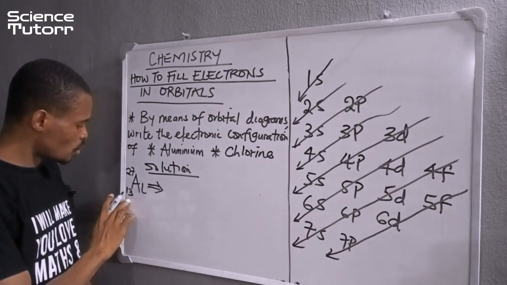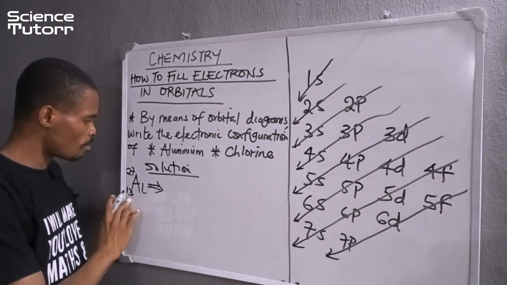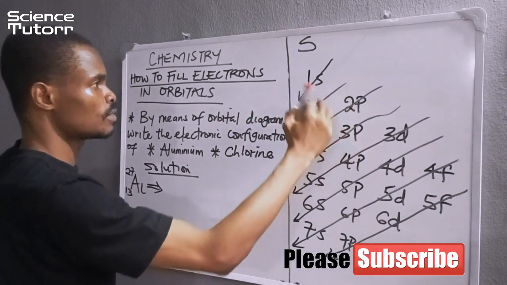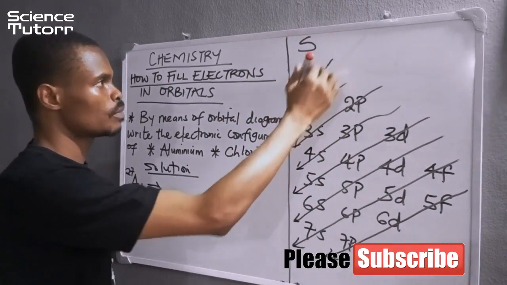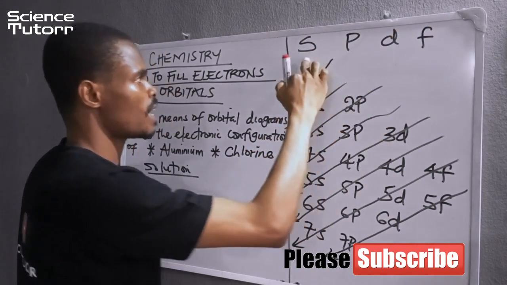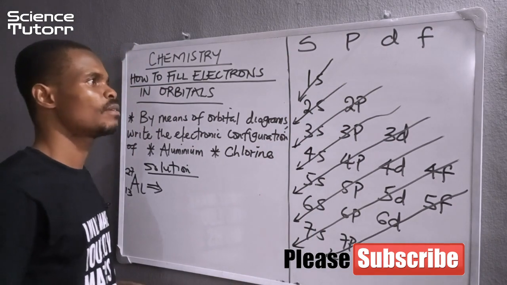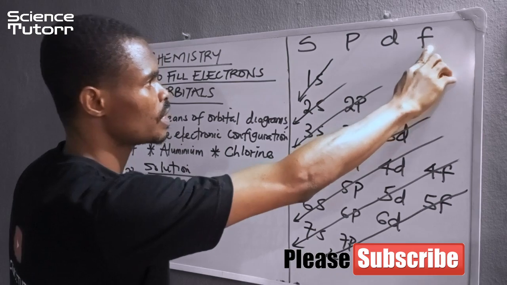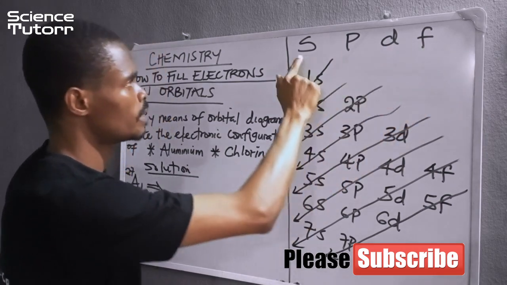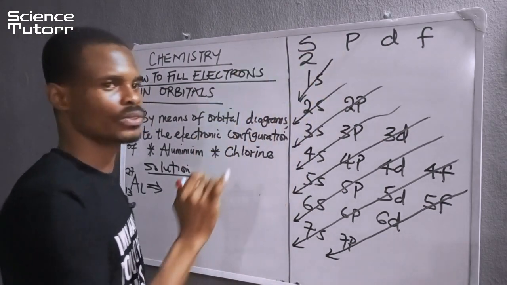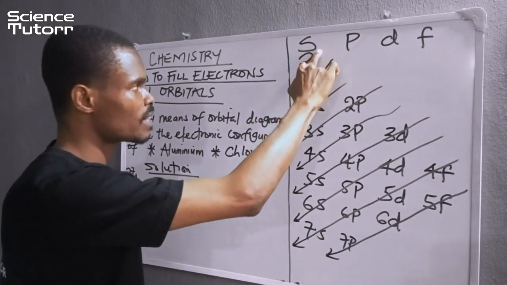In writing the electronic configuration of aluminium, we have the orbitals S, P, D, and F. S signifies sharp, P is for principal, D is for diffuse, and F is for fundamental. The S orbital holds a maximum of 2 electrons and is spherical in shape.